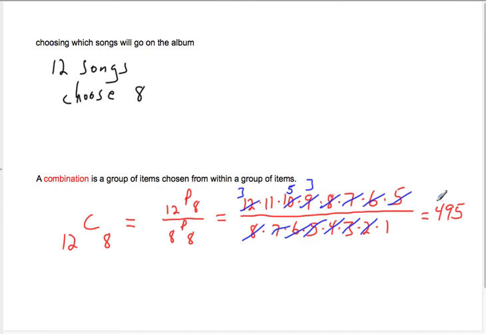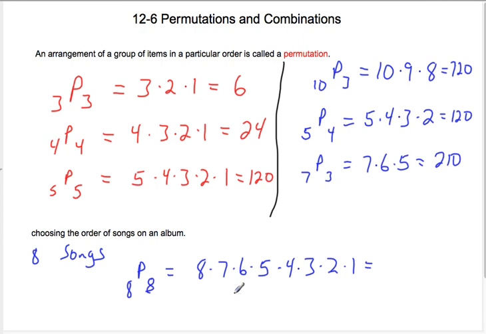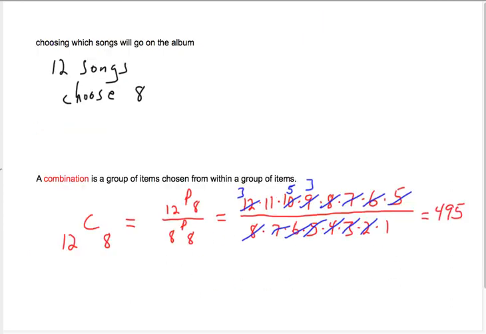Okay. Then once you get those 8 songs, you can figure out however many ways to order those 8 songs. So let's try some combinations really quick before we finish this video. Let me just put up a few examples so you get the idea, and then in class we can practice some more application. If I write 5C3, that means we're choosing 3 things from a group of 5.